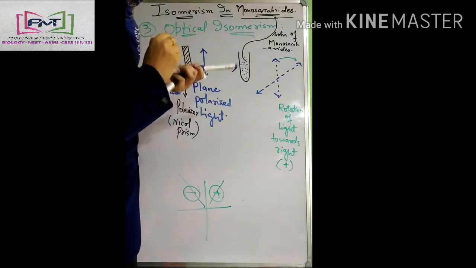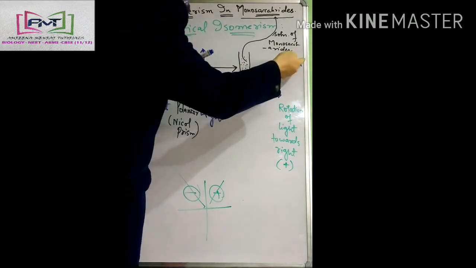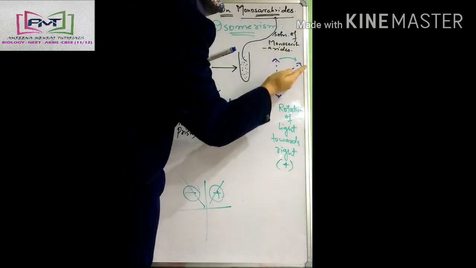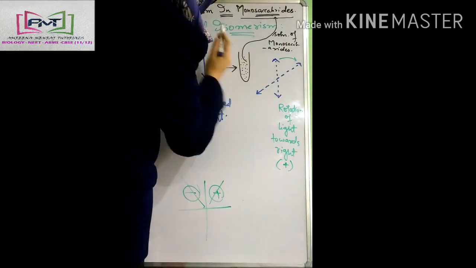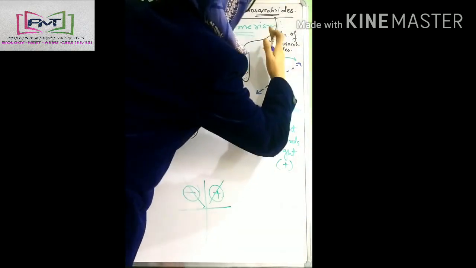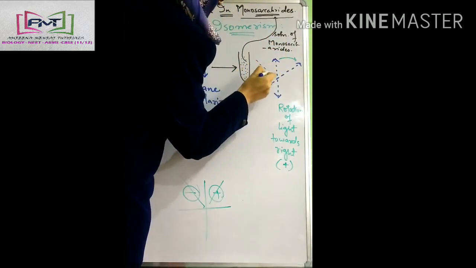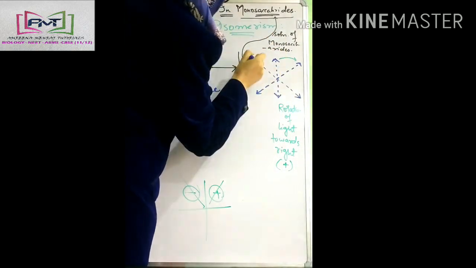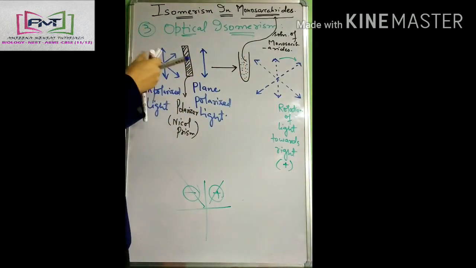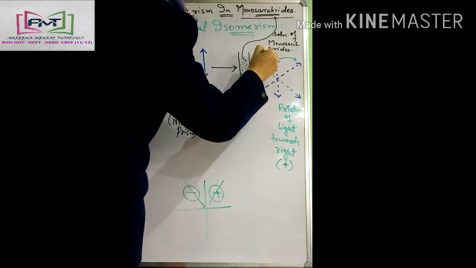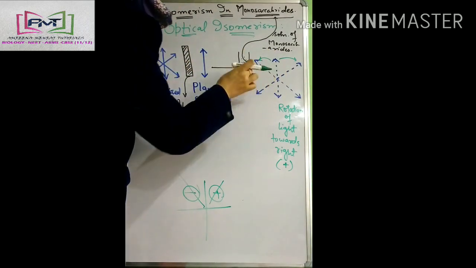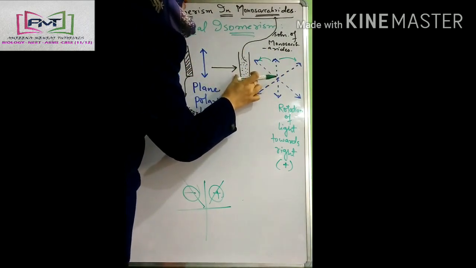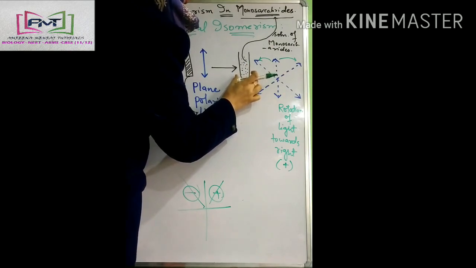So, what is the other possibility? Right now I showed you bending or rotation towards right. Similarly, this light, which is shown like this, may also bend towards left. From here, it has now bent towards left, when it has passed through this solution of monosaccharides.